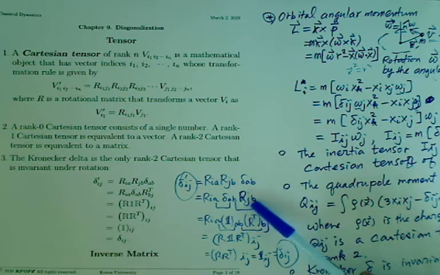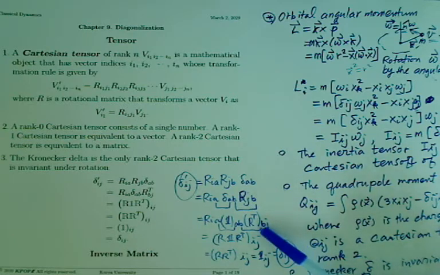We need to exchange this order. That means by transpose. This is the transpose, then these two indices are exchanged. And now the correct connection of repeated indices is achieved. Therefore, we have a product of three matrices, R, identity, and R transpose.